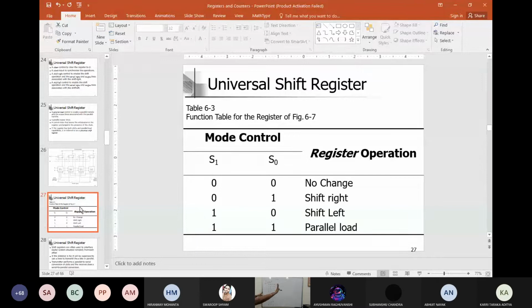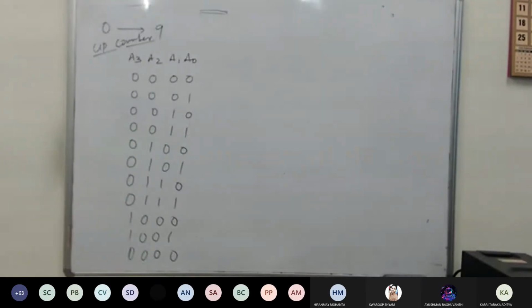We are not bothered about the circuit. Right, now hold.